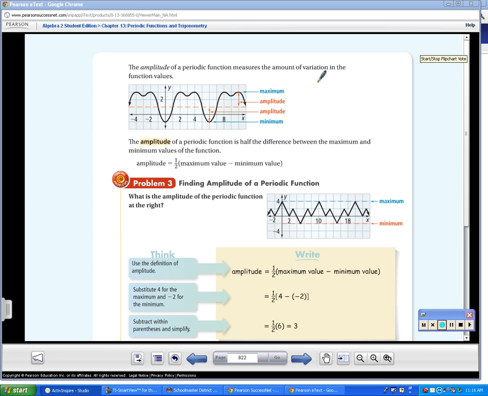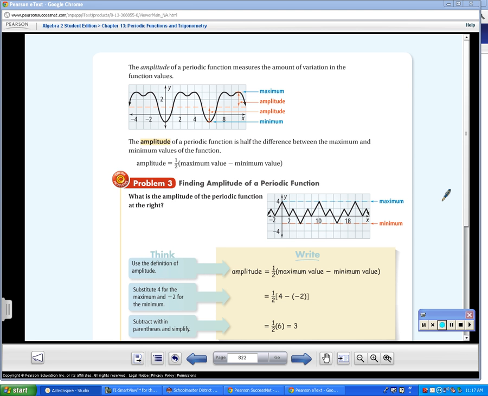So the high point, the maximum is 3. The minimum is -1. So I have to go 3 minus -1, not 3 plus -1. So 3 minus -1 is 4, which all we're saying there is that the distance from the top to the bottom is 4, okay? And then I have to divide that in half. So half of 4 would give me an amplitude of 2.